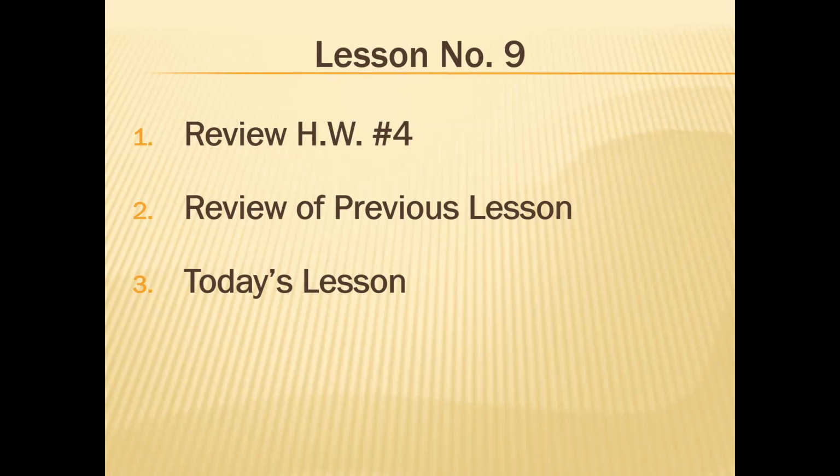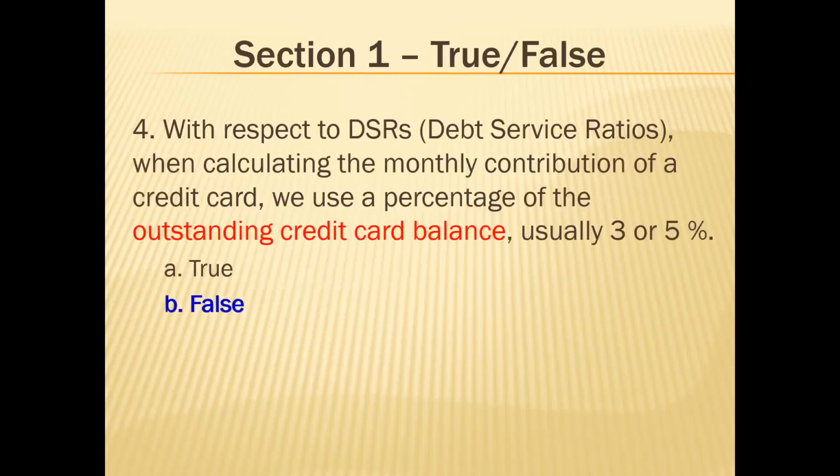Okay, so the first item I want to look at is section 1, true and false. Question 4: with respect to DSRs, debt service ratios, when calculating the monthly contribution of a credit card, we use a percentage of the outstanding credit card balance, usually 3 or 5%. That is false.